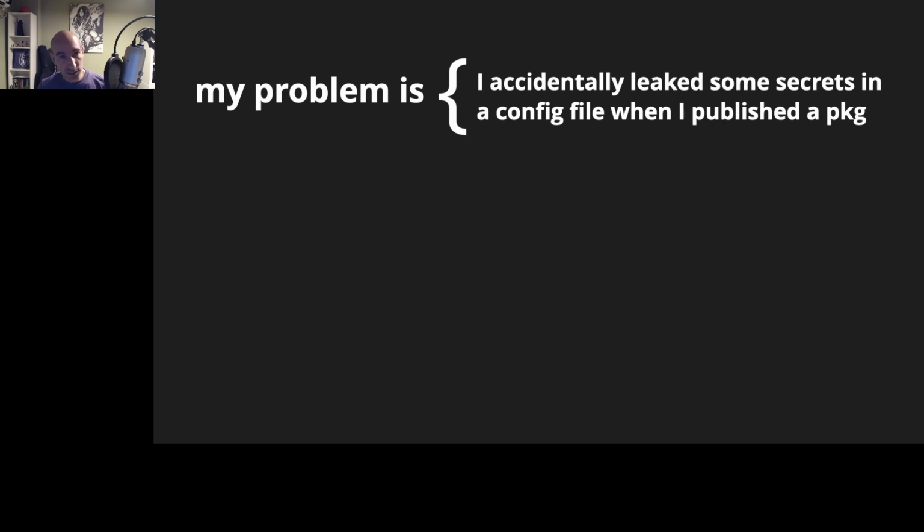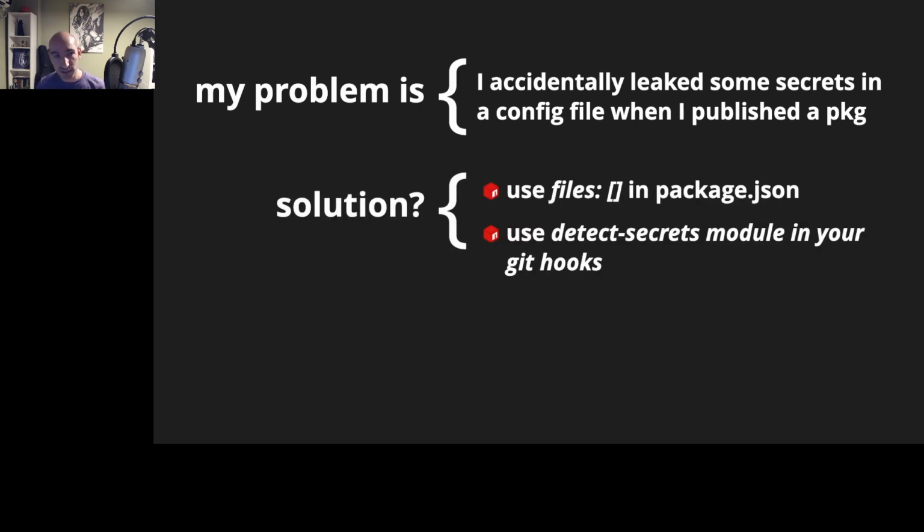And maybe coming to the close of the slides, one of the last items is if you're afraid you're accidentally leaking secrets into a config file when you publish a package or when you work on an open source project, you could do two things. One of them is the files metadata in package.json, which you could use to specify an allow list of files that will actually be published.